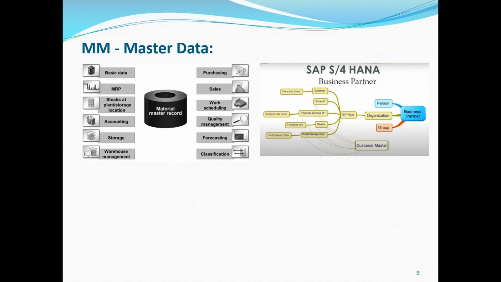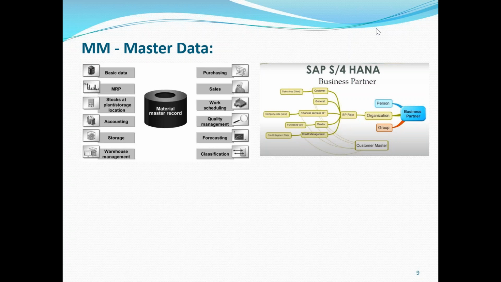So business partner is an entity with which our company deals, right? For example, from a procurement point of view, we will be buying from different suppliers. So suppliers are considered as business partners.